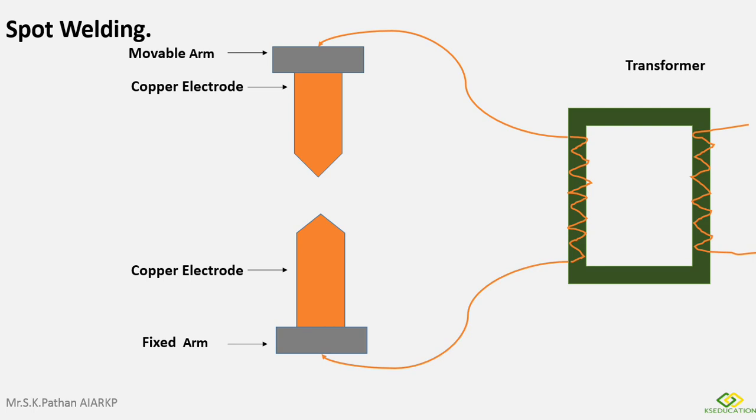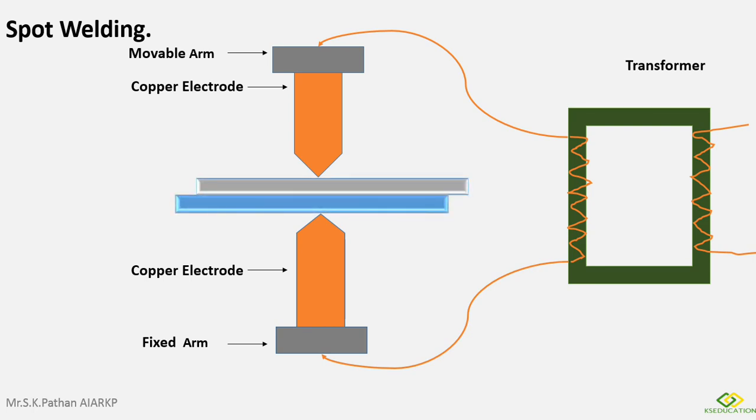A wire is connected to supply the current, and there are two plates which we need to join.